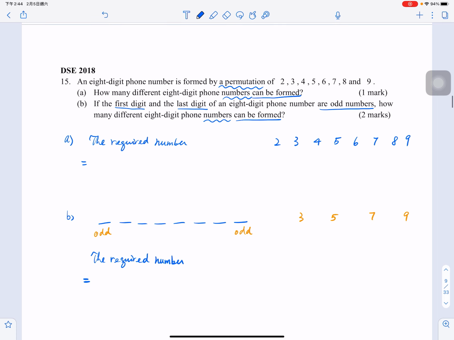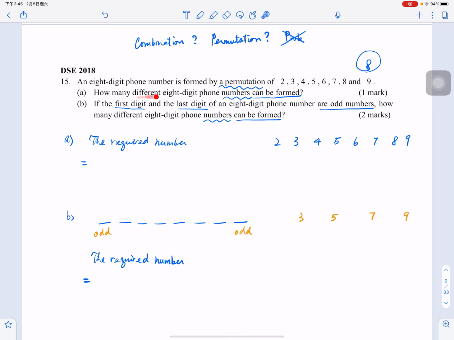So what kind of question is this time? Combination? Permutation? Permutation. You need to think which one. Probability? No, because you need to find the number that can be formed. Let's see how many numbers here. You need to count carefully: 1, 2, 3, 4, 5, 6, 7, 8. 8 digits, 8 numbers.